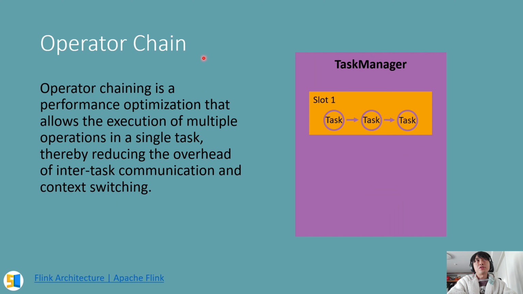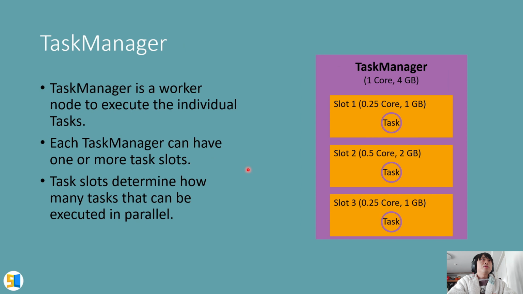so what is an operator chain? Operator chaining is a performance optimization that allows the execution of multiple operations in a single task, thereby reducing the overhead of inter-task communication and context switching. If you look at this graph, in this task manager, it has 3 tasks running on different slots, on different threads.